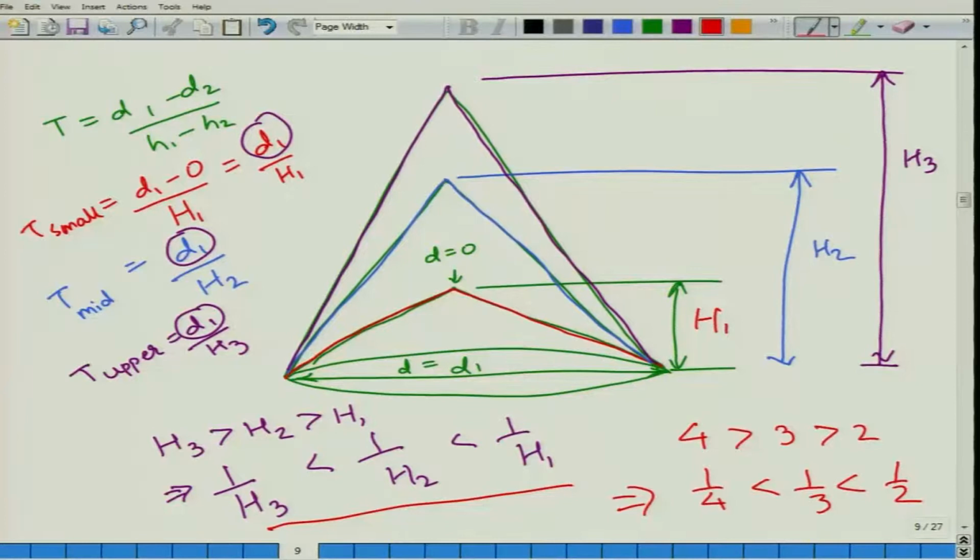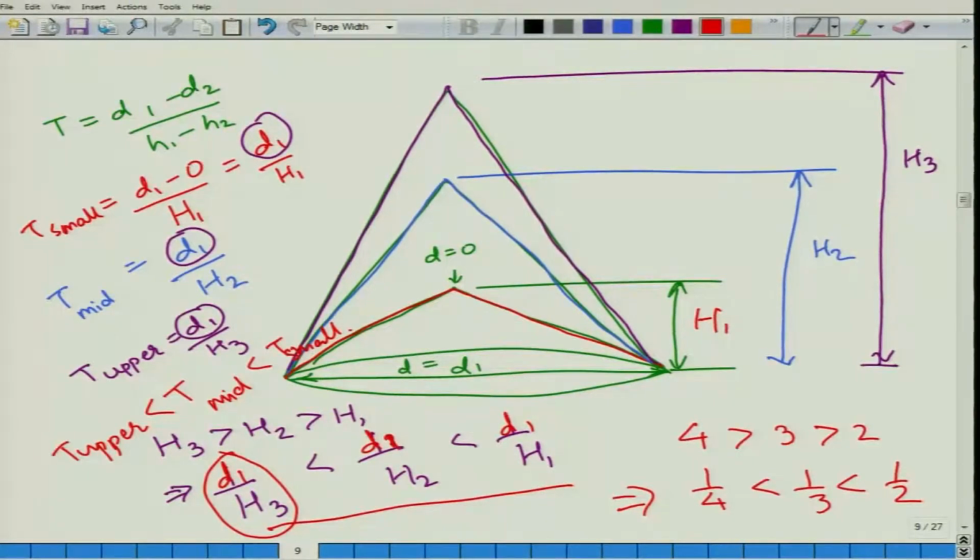Now, if we multiplied all these 3 by d1, we would have d1 by h3 is less than d1 by h2 is less than d1 by h1, which would mean now d1 by h3, your taper of the upper cone, is less than taper of the middle cone is less than taper of the smallest cone or the lowermost cone.